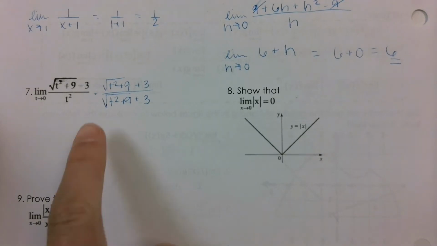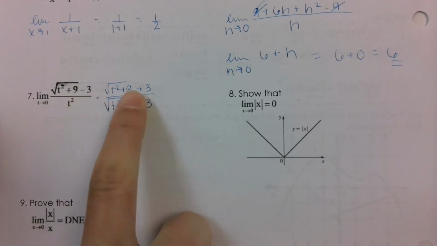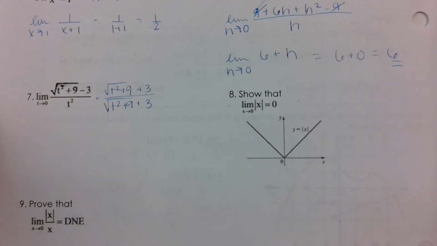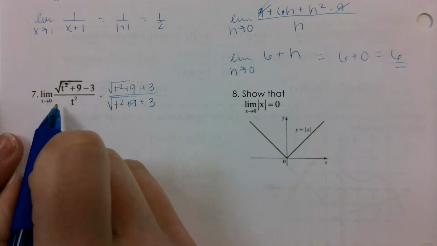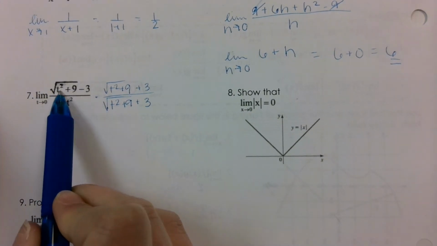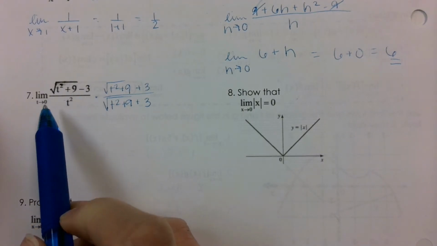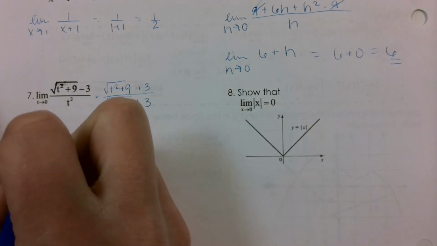So when we multiply by your numerator, we change the second sign to a plus so that it would be difference of squares, so that we wouldn't have all those middle terms with the square root in the middle, because then that wouldn't really help us much. So when you multiply that out, we know that when you have difference of squares, it's basically just your first term squared minus your second term squared. So when you square the square root of t squared plus 9, what drops out?